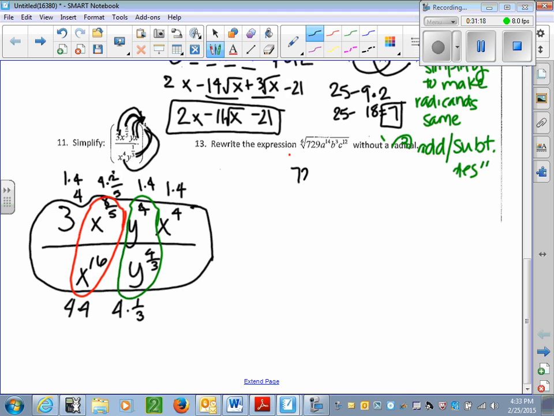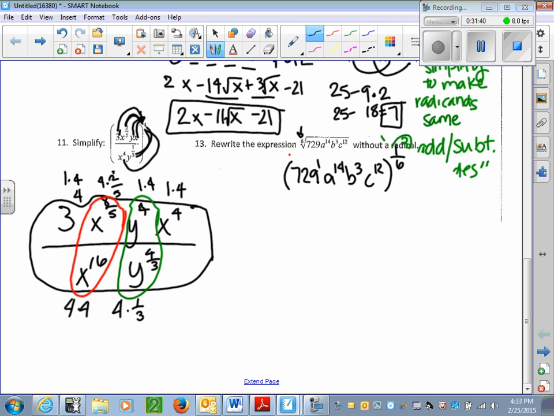So I have 729, a to the 14th, b to the 3rd, c to the 12th. Just rewrite my radicand. And since it's an index of 6, remember that's the same thing as writing the whole radicand to the 1/6 power. All right, and then I just distribute that 1/6 into everything in the parentheses. So I have 729.